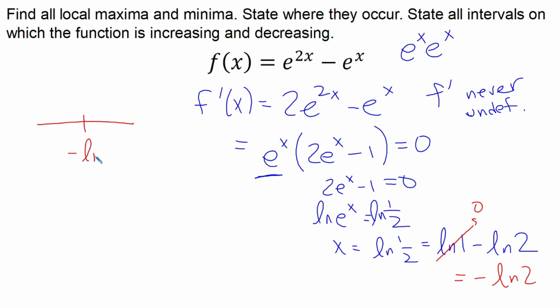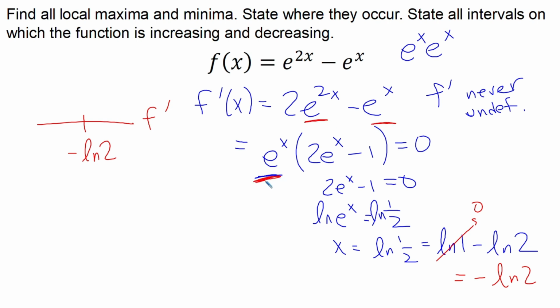And so here's negative ln of 2. And it should be fairly straightforward for us to figure out what's happening with our function here on our sign chart, right? Even if we're not sure what the natural log of 2 is, we should know it's positive, so negative ln of 2 is a negative number. All we have to do is really just plug in a really, really big number like 1,000,000. And I think we can see that the e to the 2x in our derivative is going to dominate the e to the x.